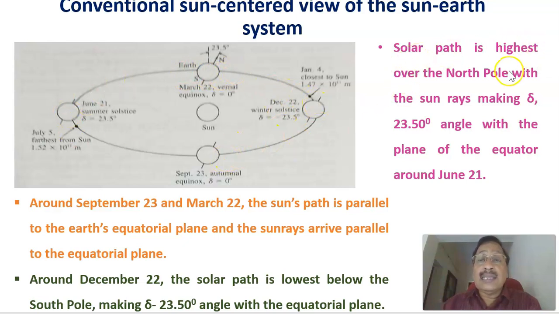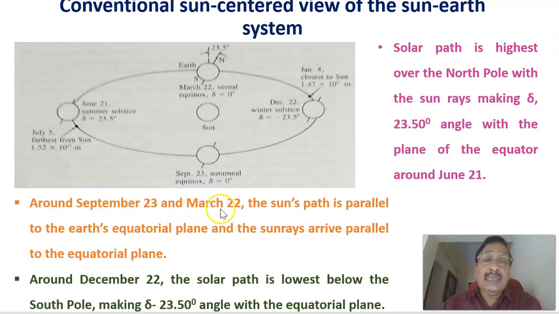Therefore, the solar path is highest over the North Pole, making delta equal to 23.5 degrees angle with the plane of the equator, and this happens around June 21st.